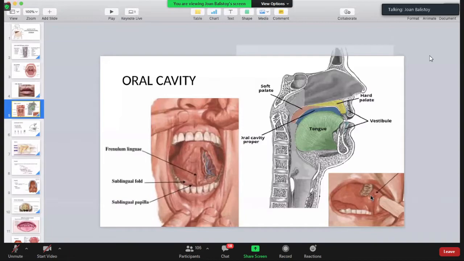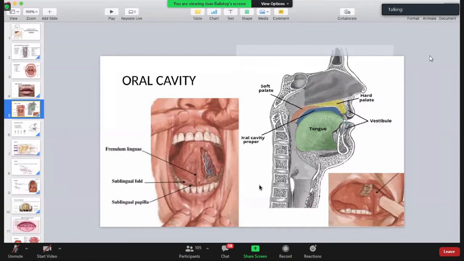A small papilla in the mucosa opposite the upper second molar marks the opening of the parotid gland. And it is pointed here. That is the opening of the parotid gland opposite the second molar on the upper teeth, okay? The upper second molar, opposite it is the opening of the parotid gland.